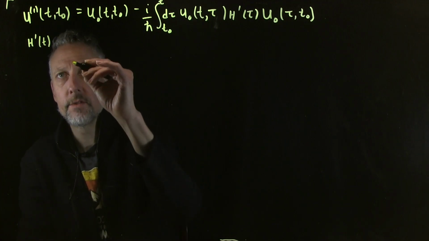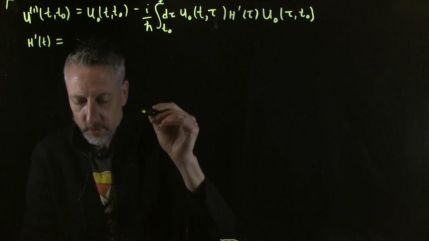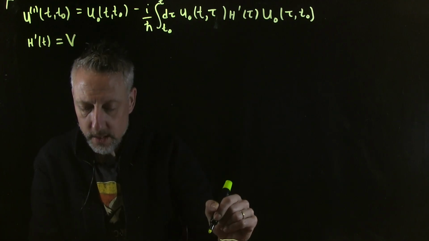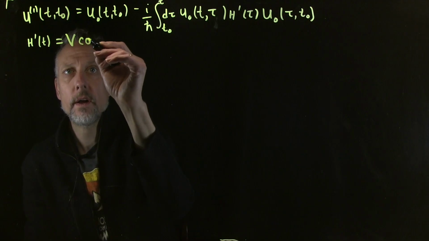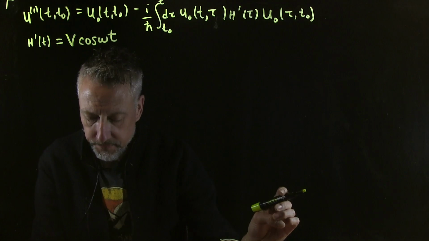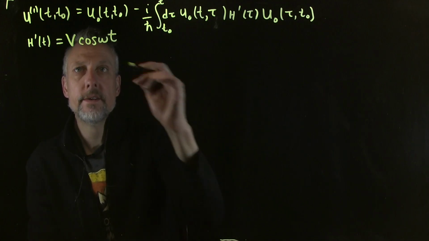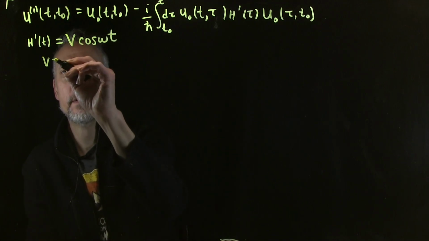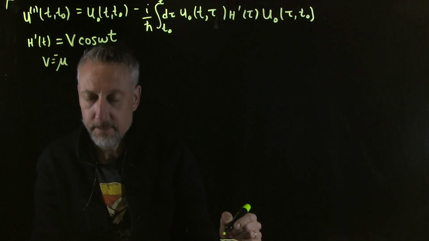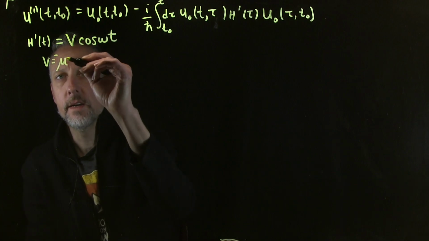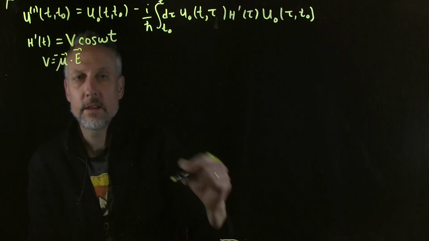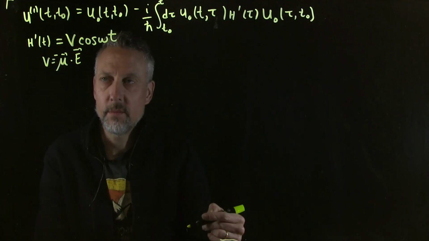An electric dipole interaction can be written down relatively straightforwardly like this. It's going to be an operator, which we'll call V, times an oscillating frequency, cosine omega t. All right, now what is V? V will be minus mu dot E. This would be like a field, that's like the cosine part.